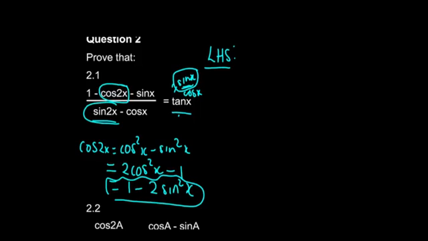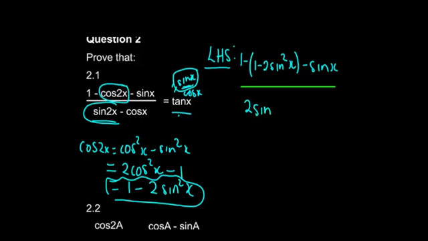I'm going to write this numerator as 1 minus, and I've used 1 minus 2 sine squared as my expansion for cos 2x. So I put that in, minus sine x, and this is now all over sine 2x. We know the expansion for sine 2x from our double angles is 2 sine x times cos x, minus cos x.